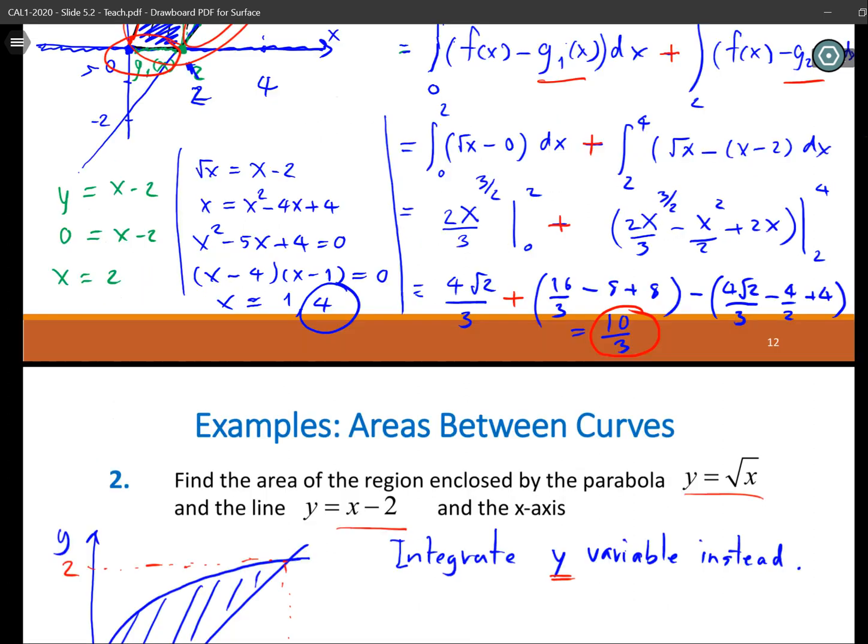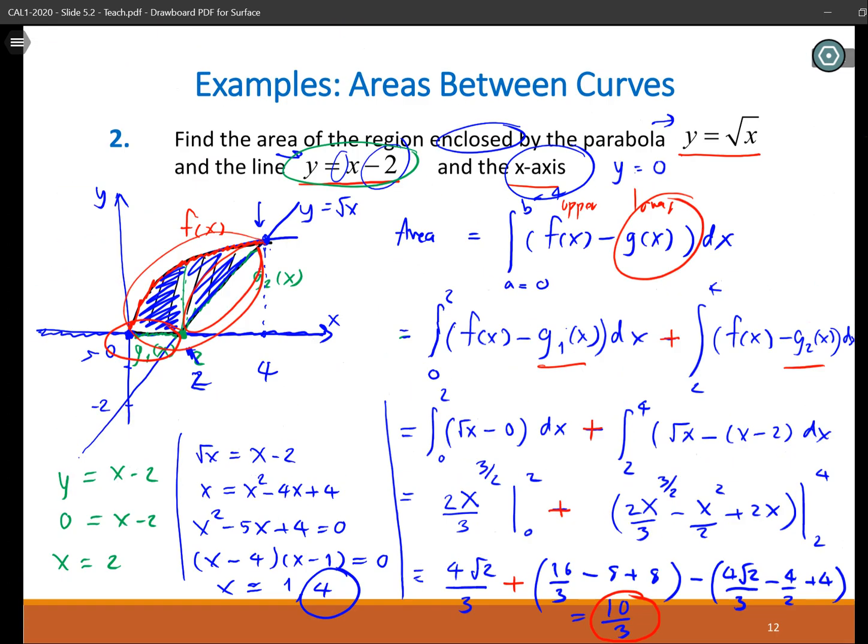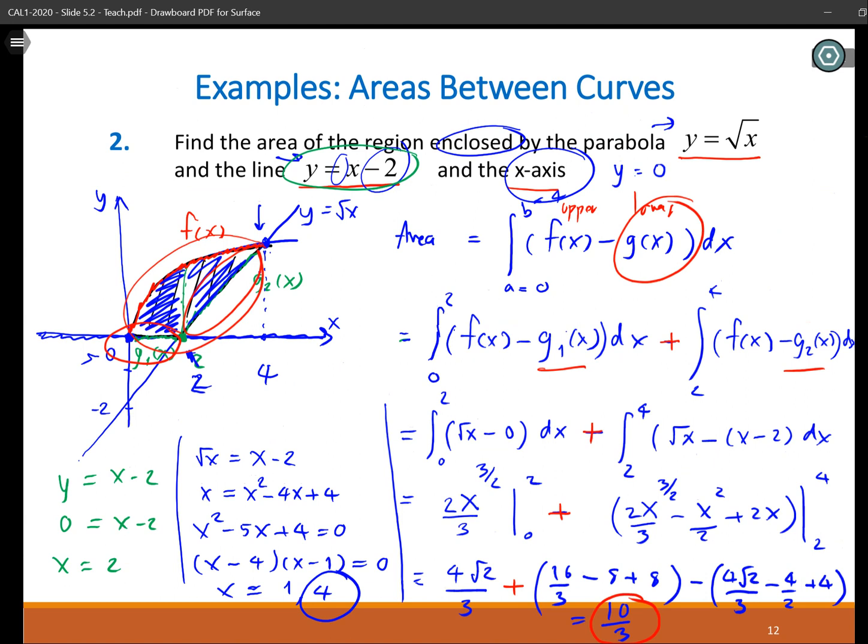I want you to take a look at what we did before. What we did before here, which looks quite messy, we integrate what variable? The x variable. So let's make a note here that what we did right here is the integration of the x variable.